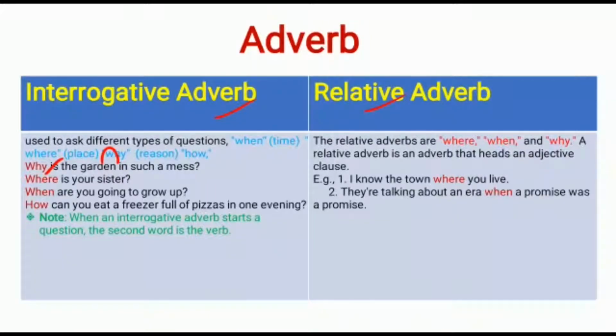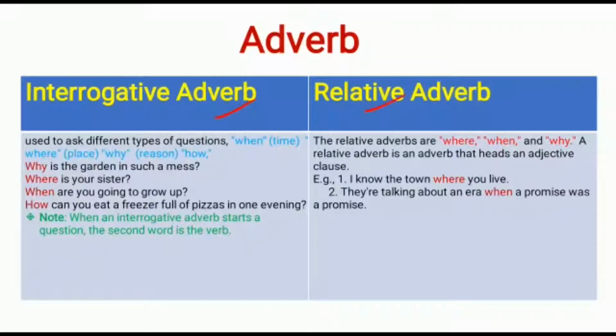So that would be wrong. So the correct place of the verb here would be after the adverb. So be particular of the sentence structure and place adverbs and other parts of speech correctly to form meaningful sentences.